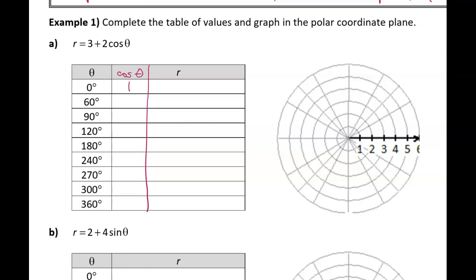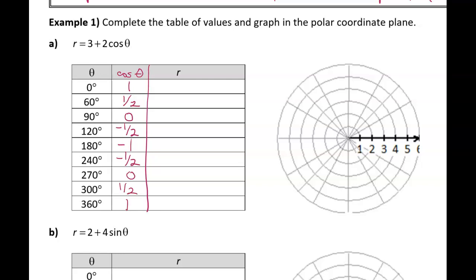Cosine of 0 is 1, of 60 is a half, cosine of 90 is 0, cosine of 120 is negative a half. Remember, as we go into the second quadrant, cosine becomes negative, followed by negative 1, and then back up: negative a half, 0, positive a half, and 1.